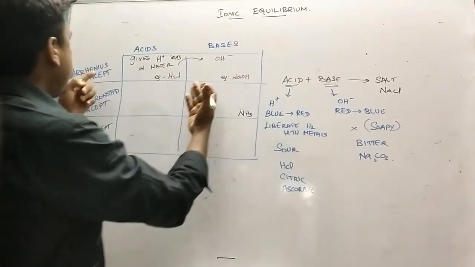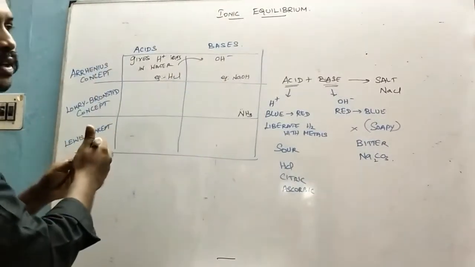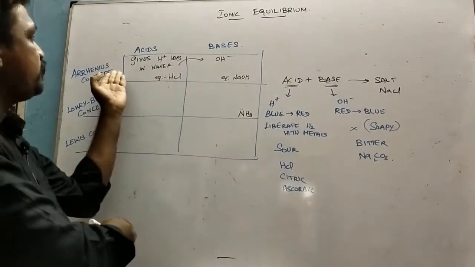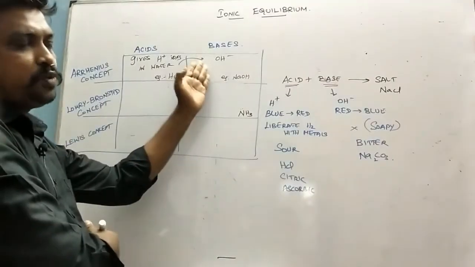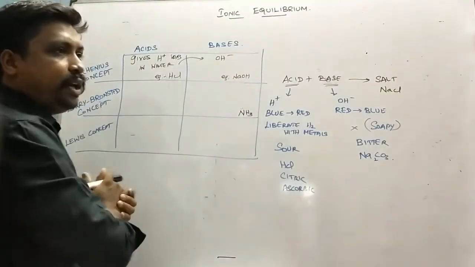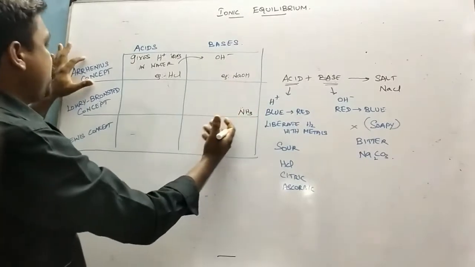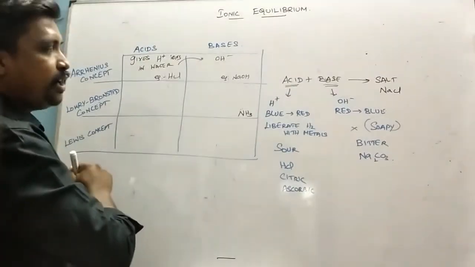But this Arrhenius concept doesn't give any explanation for why ammonia is a base. According to this concept, those substances which give OH- ions in water are called bases. But ammonia is a base, and there is no explanation in the Arrhenius concept. This is the main defect of the Arrhenius concept.